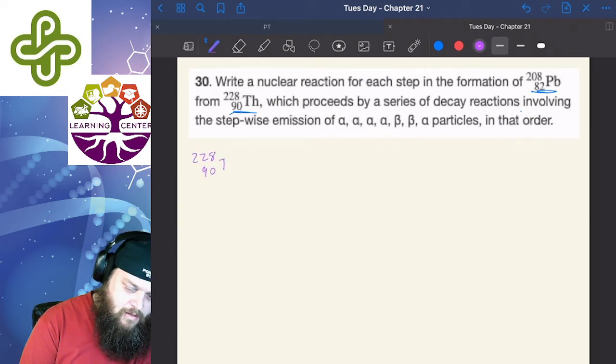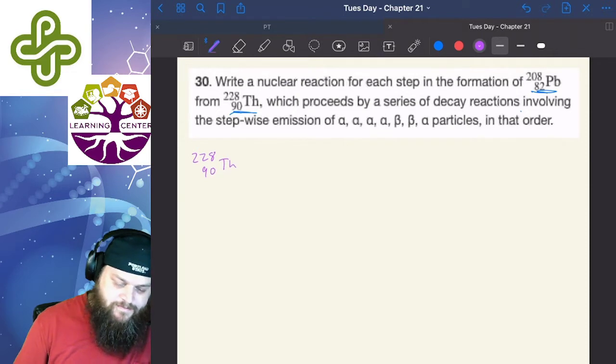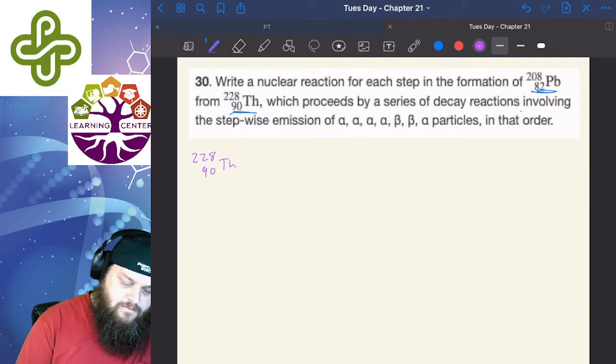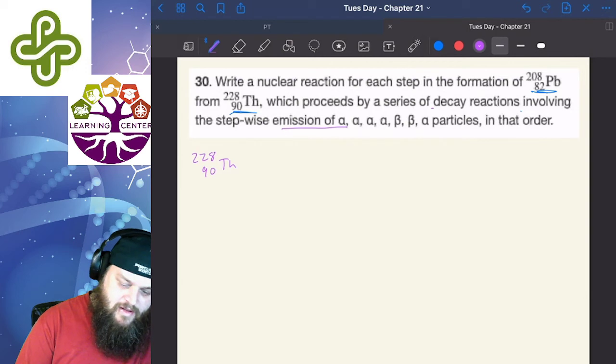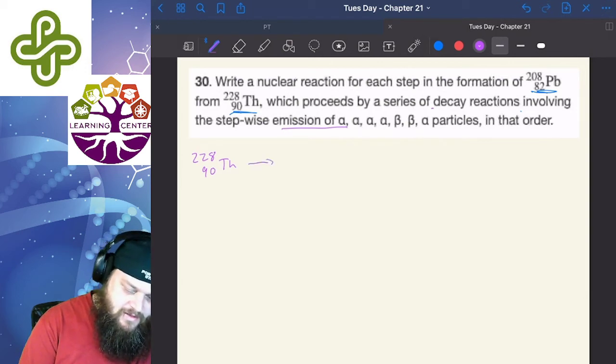So I'm going to start off with 228-90 thorium. So I know it's going to be an emission. It's not a decay. It's an emission of alpha particles. So this is going to emit an alpha particle.